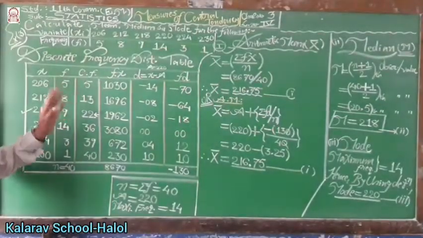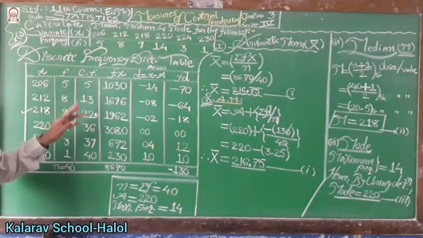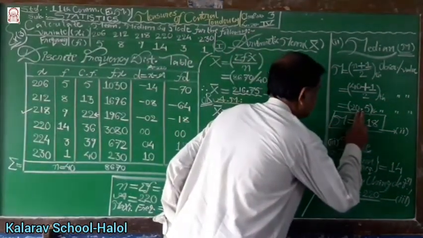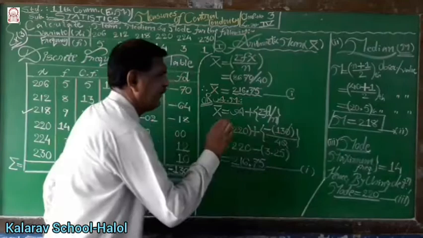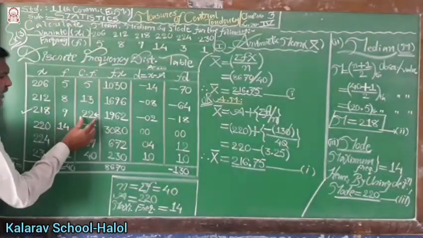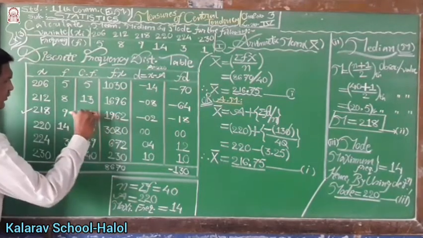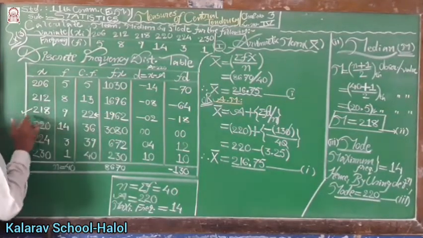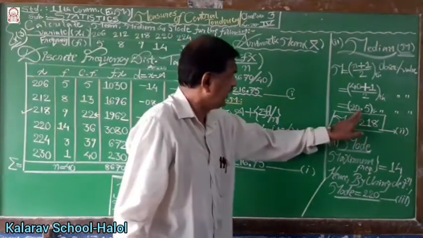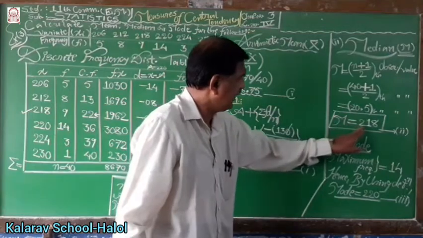Up to 5, no. 13, no. 22. We have to see this value or just more than this value, 20.5 or more than this. This is the median group. The related Xi variable value is the median, 218. Therefore, the answer of median is 218.